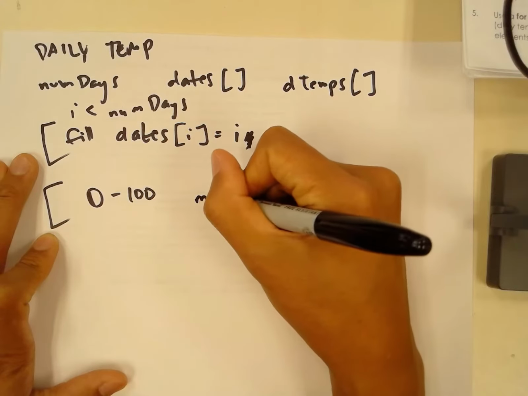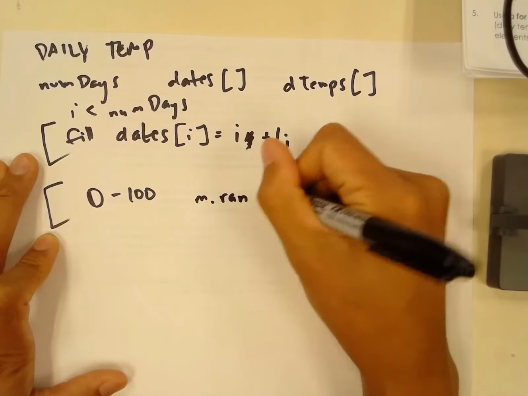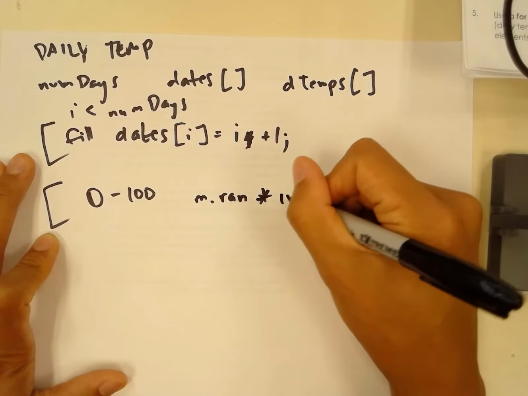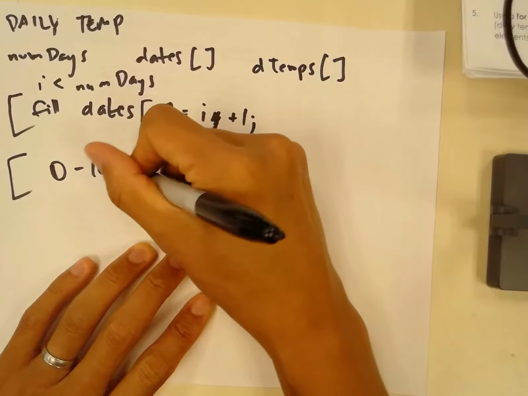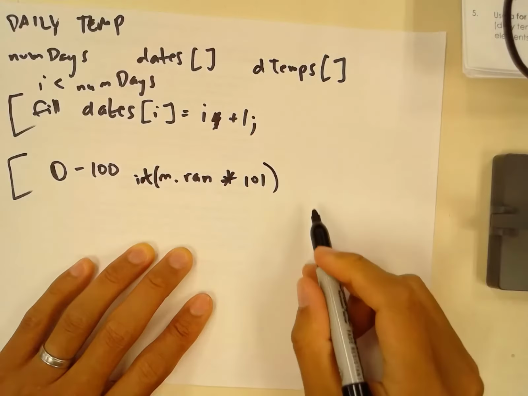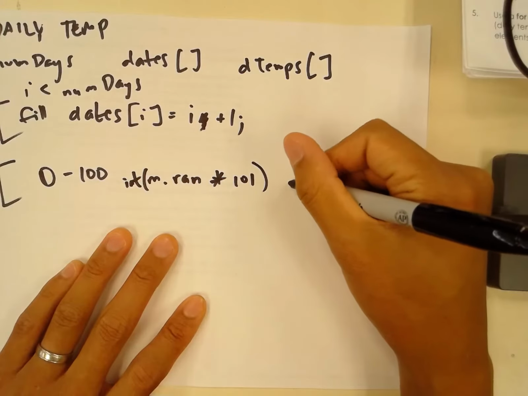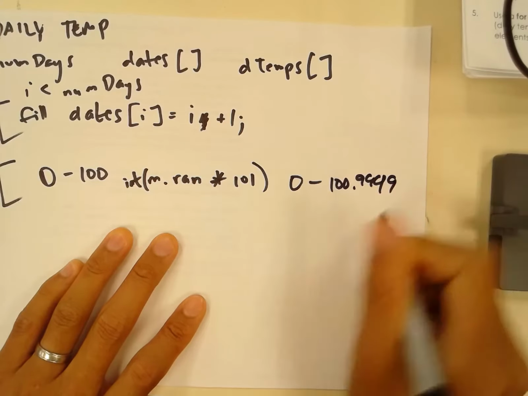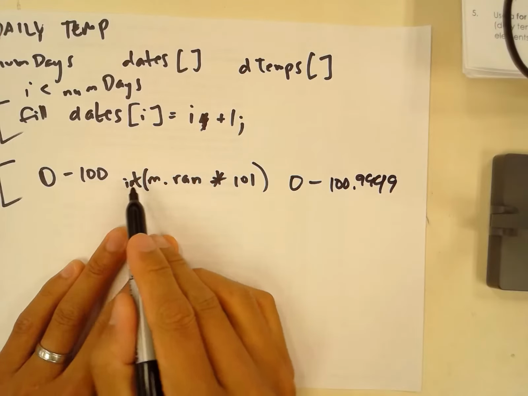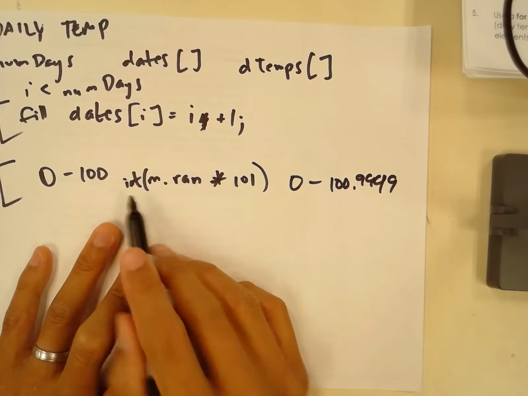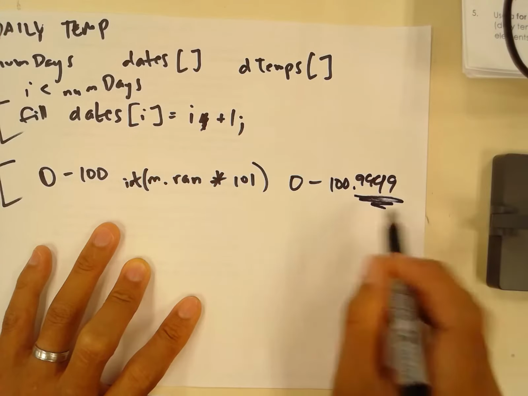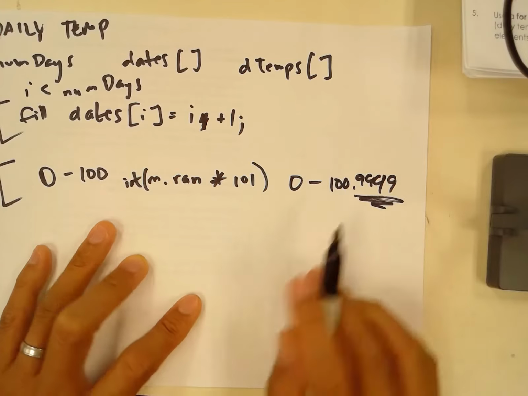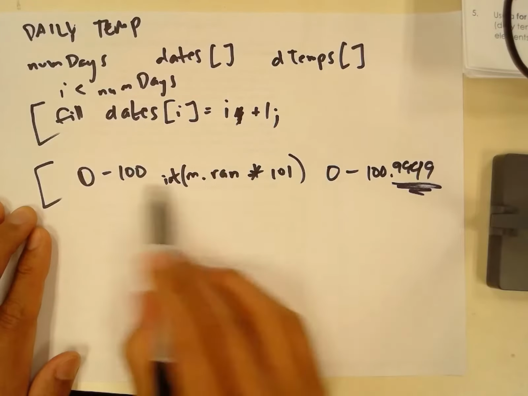That should do it for us, because then it would go from 0 to 100.99999, and then intifying it, or turning it from a float to an int, would truncate the decimal places, turning it to 0 to 100. Okay, so that's pretty straightforward.